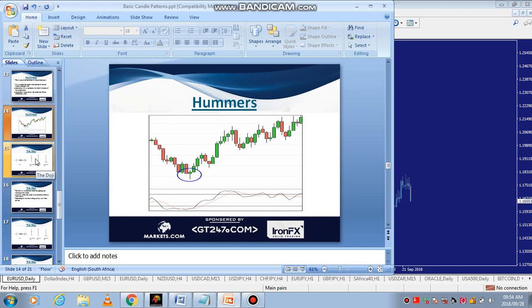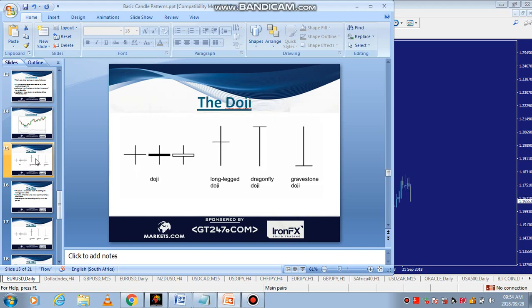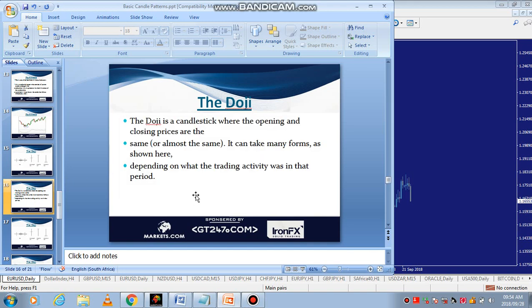Then we have another pattern here called the doji. Dojis come in different shapes and formations, but they basically mean the same thing. What are dojis? A doji pattern is a candle where the open and the closing price are the same or almost the same. It can take many forms, as shown here, depending on where the trading activity was in that period.